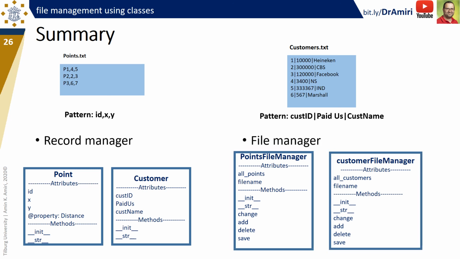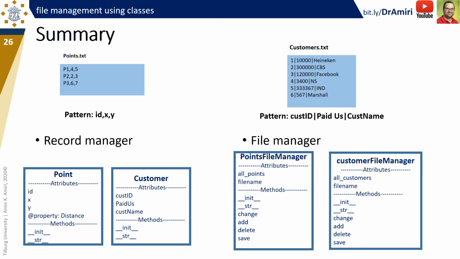This file manager has a dictionary that would include several instances of the record manager class. We use the initializer to set this empty dictionary. We read each line and turn each line to an instance of a record manager class, and then we add it to the file manager's dictionary.